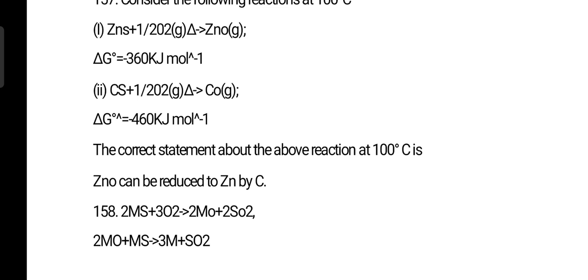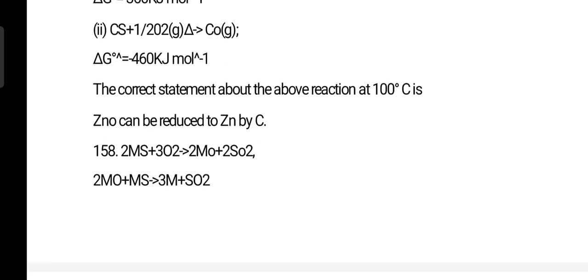C(s) plus 1/2 O2 gas, heating gives CO gas, Delta G degree is equal to minus 460 kJ mole inverse 1. The correct statement about the reaction at 1000 degrees Celsius is: ZnO can be reduced to Zn by C.